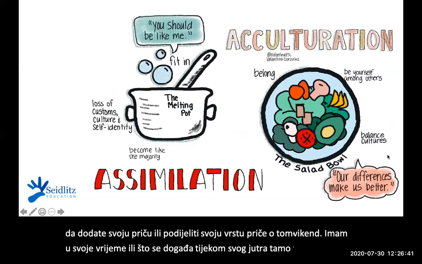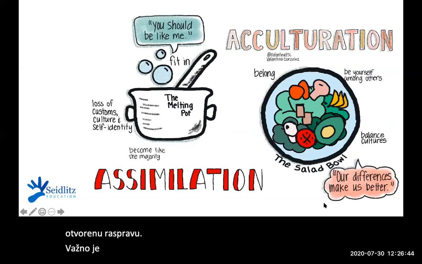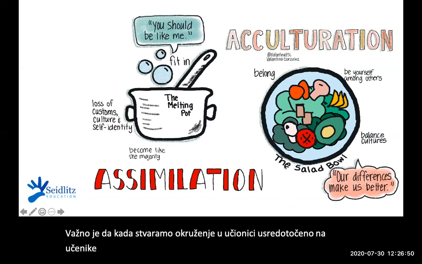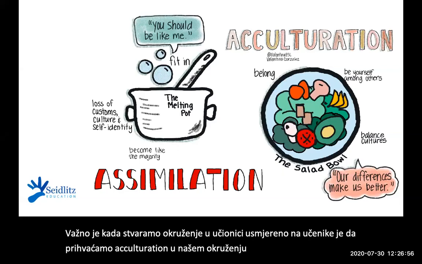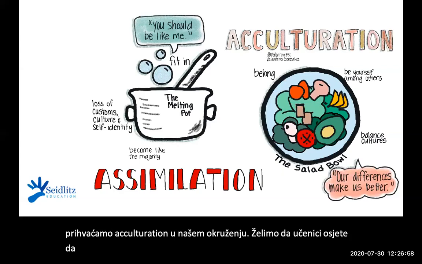The important thing when we're creating that student-centered classroom environment is that we're embracing acculturation in our environment. We want students to feel that they belong just the way they are. They don't have to change to be part of this classroom.